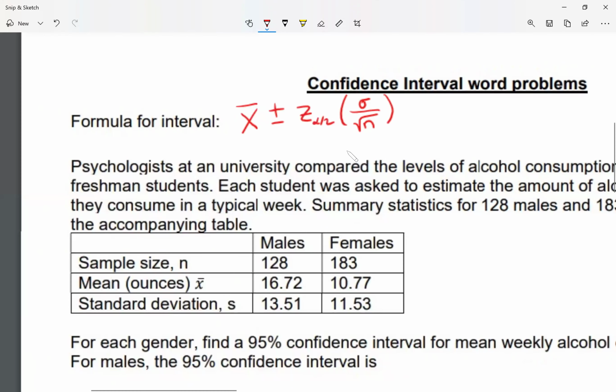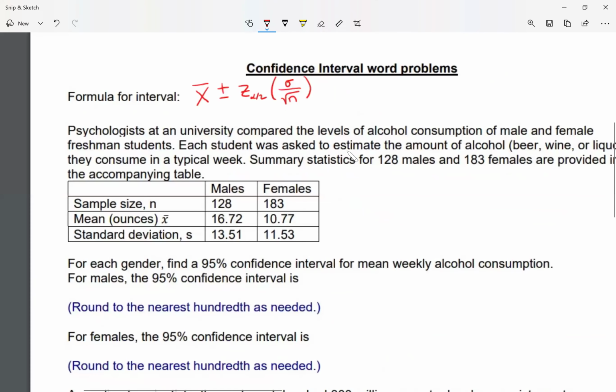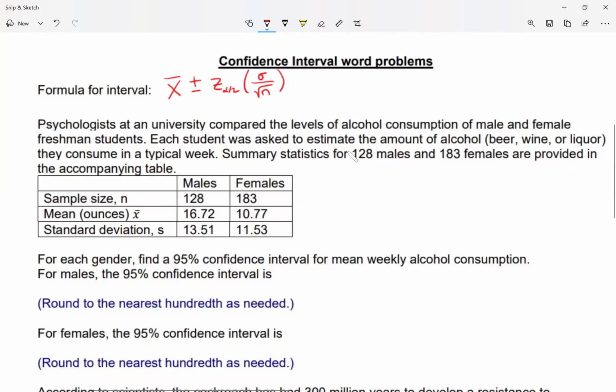All right, so let's take a look at this problem. Psychologists at a university compared the levels of alcohol consumption for male and female freshman students. So we're looking at college students, and how much alcohol males and females have. Each student was asked to estimate the amount of alcohol, which is beer, wine, or liquor, they consume in a typical week.